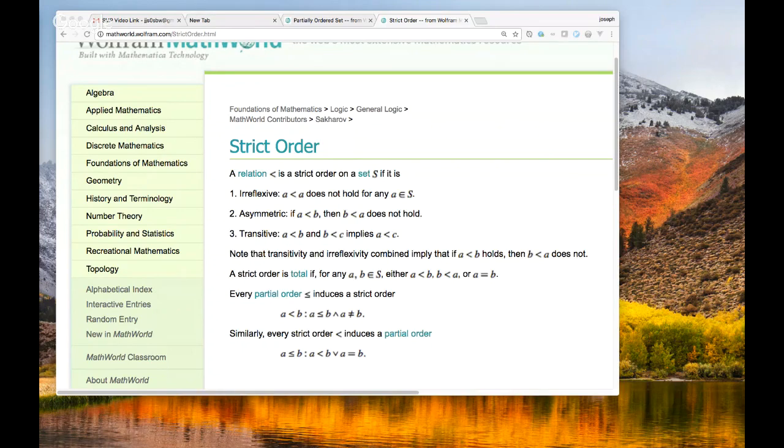But where we have a problem is that as it goes down through this particular definition, it says every partial order induces a strict order, and then every strict order is total if A is less than B, or B is less than A, or A equals B. So in the mathematical definition, where we run into problems is in the equality, and also the lack of distinction between a strict order and a partial order, because it says every partial order induces a strict order.